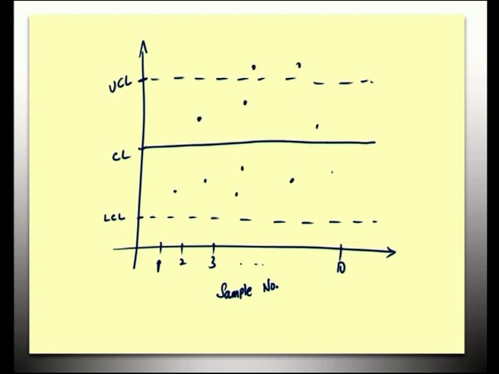Sample values are plotted in the graph sheet like this, and UCL and LCL are drawn with dotted lines. If anything goes outside LCL or UCL, it is called out of control, and these limits are 3 sigma.